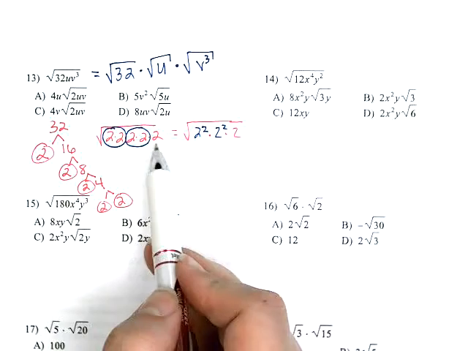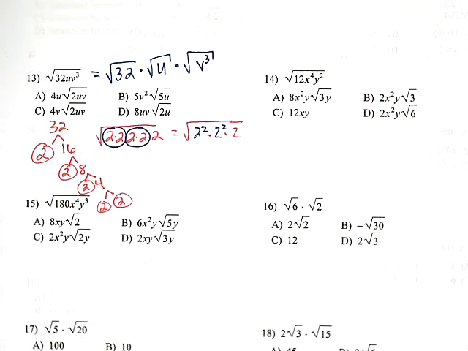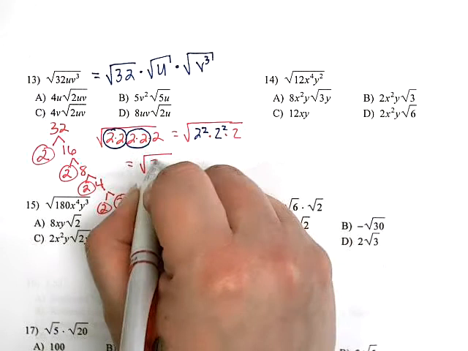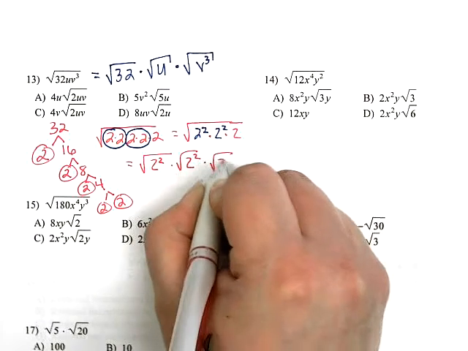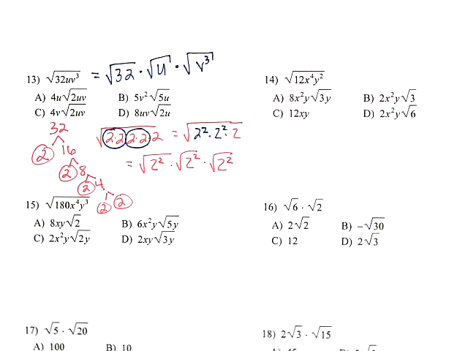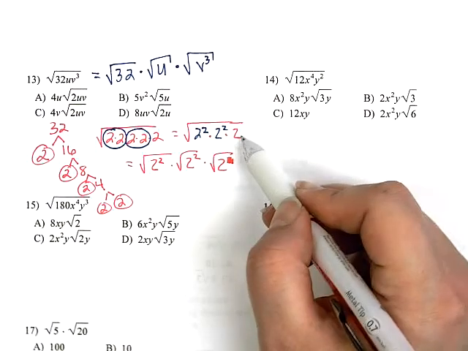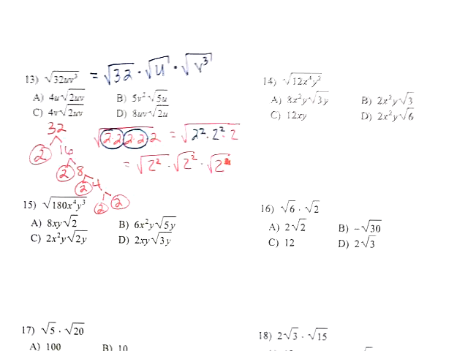This guy is lonely, he's single, so he's got to stay by himself. And if we remember, we broke up our radicals. So the square root of 2 squared times the square root of 2 squared times the square root of just 2. That 2 is by itself.